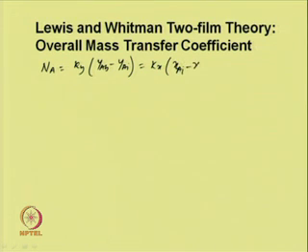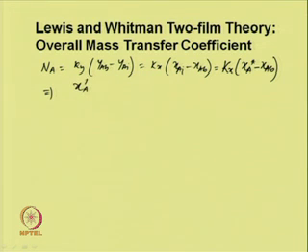In a similar fashion, we can write N A is equal to k y into y A B minus y A I, is equal to k x into x A I minus x A B, is equal to capital K x into x A star minus x A B. From this we can write x A star minus x A B divided by N A is equal to 1 by capital K x.